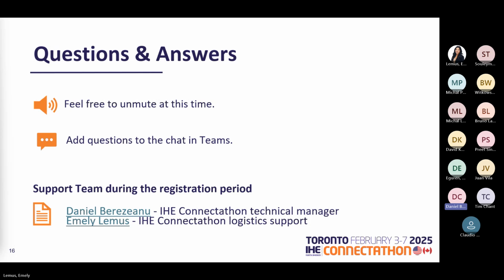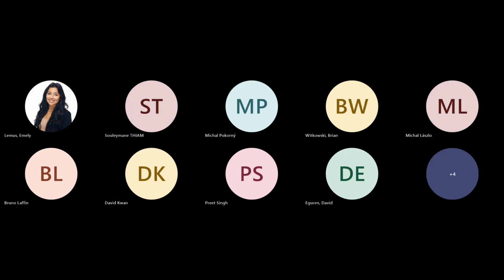Emily, I think you had a graph of the pre-registration testing interest in terms of profiles or maybe domains at least. I don't have it on hand, but I can share it in the chat here shortly. I'm going to stop sharing my screen.